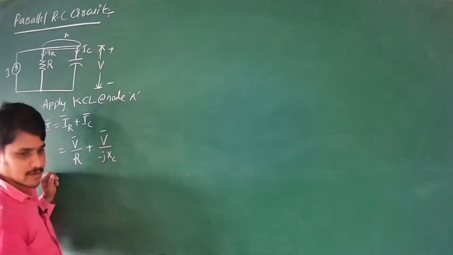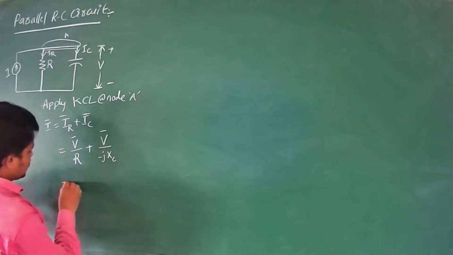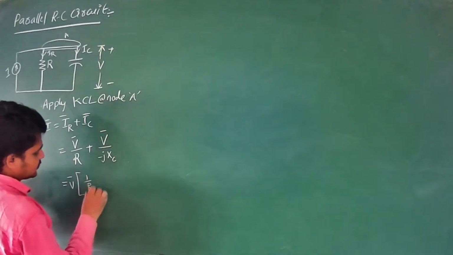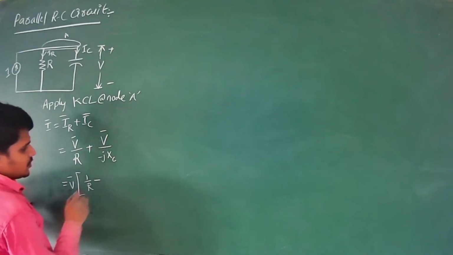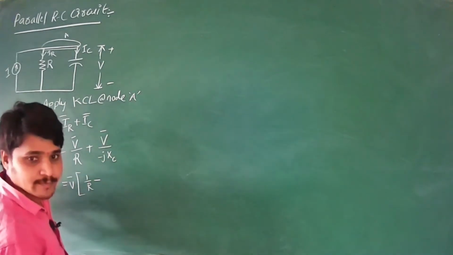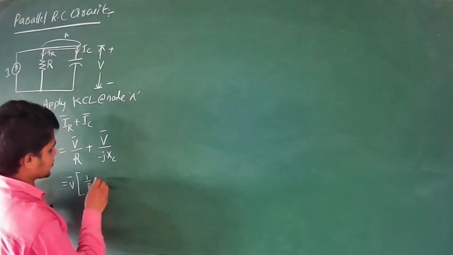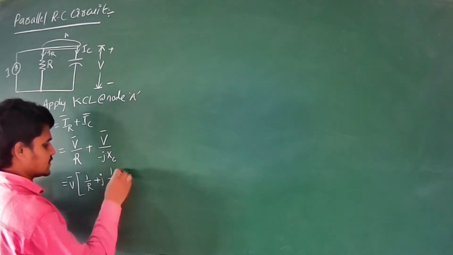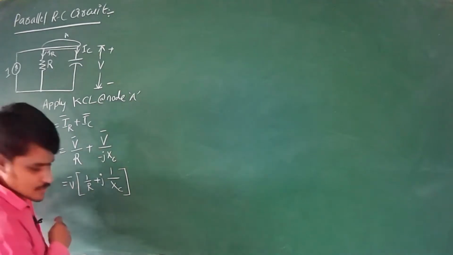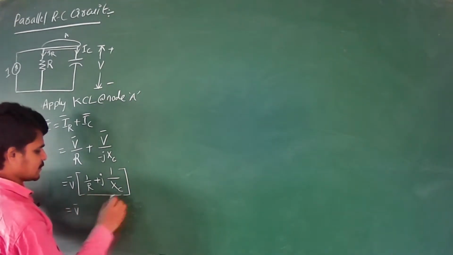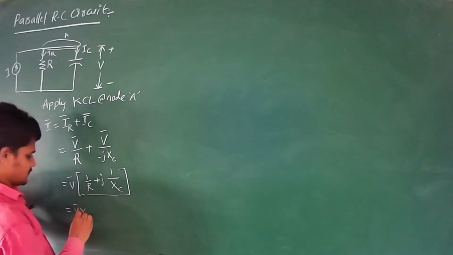So this is V bar. Now let us take V as common: 1 by R, plus, since the j goes to the numerator, minus into minus gives plus j by XC. This entire term can be written as Y.